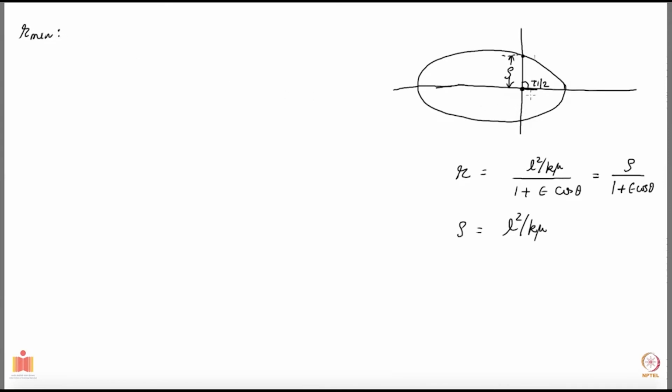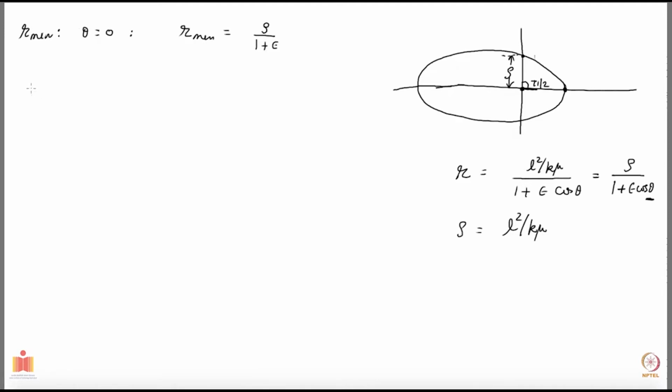That r minimum occurs when theta is 0, because when theta is 0, it's going to be here. We have already seen that our curve is like this, not that way. So you get r minimum by putting theta to be 0. When you put theta to be 0 here, it is rho over 1 plus epsilon. So for theta equals 0, your r minimum is rho over 1 plus epsilon.